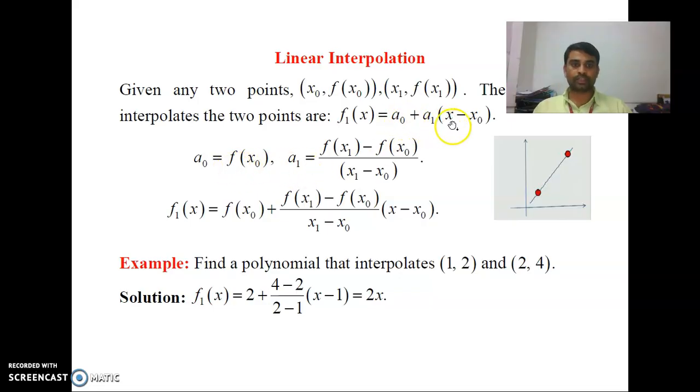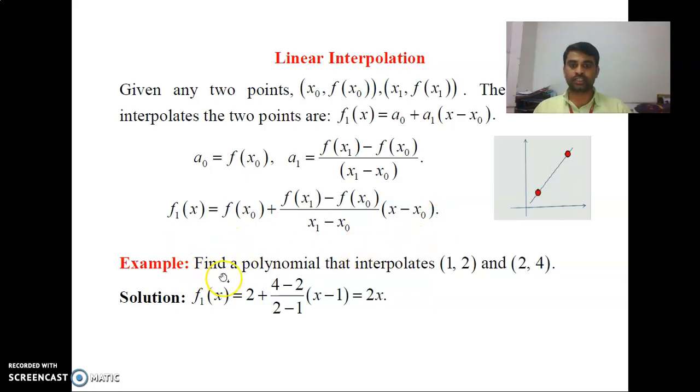And when we put x equals x1, we get the value of a1. And substituting the values of a0, a1 in this polynomial, we get f1(x) equals f(x0) plus (f(x1) minus f(x0)) divided by (x1 minus x0) into (x minus x0). This is our required linear interpolation.